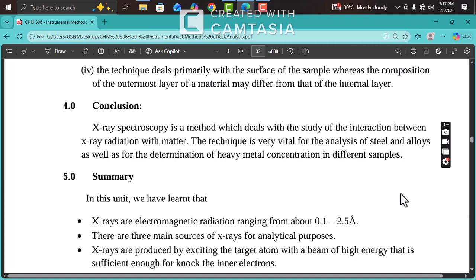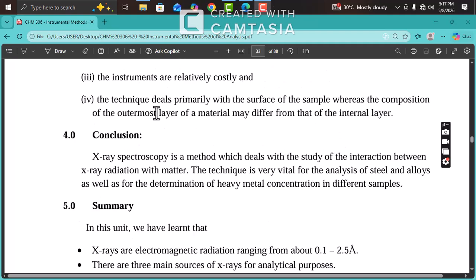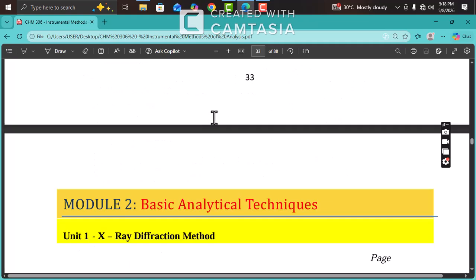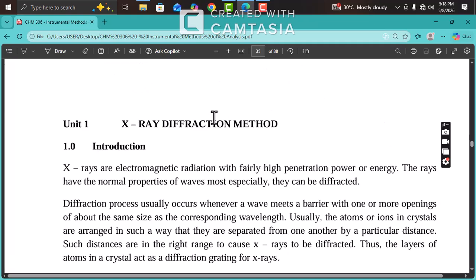Now, we move to another type next. Okay. So now here we are going to be looking at X-ray diffraction. Okay, good. X-ray diffraction. So with X-ray diffraction, we are looking at the X-ray, okay, coming in contact with the crystal, and when it comes in contact with the crystal, it is diffracted at different planes of the crystal.